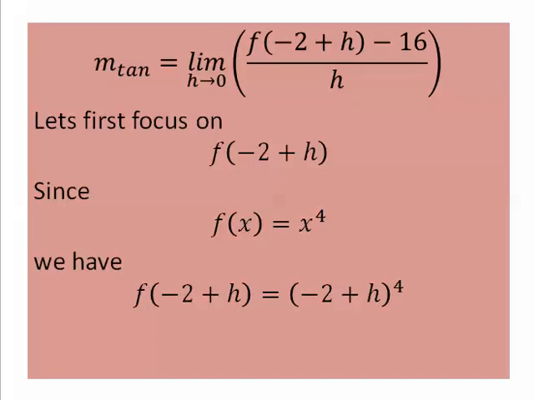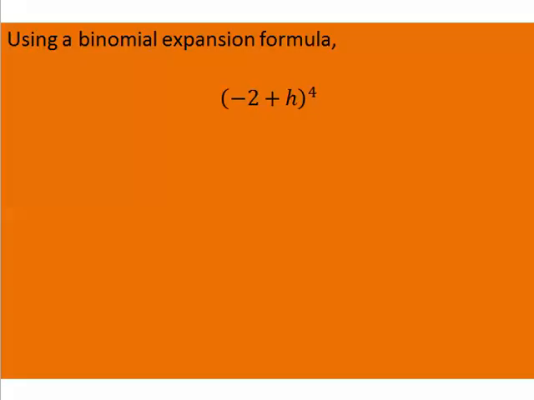So I'm going to take the binomial -2 plus h and raise it to the fourth power. To do that, I'm going to need the binomial formula. If you don't know it, I recommend looking it up on the web, or contact me and I'll direct you to a binomial formula.